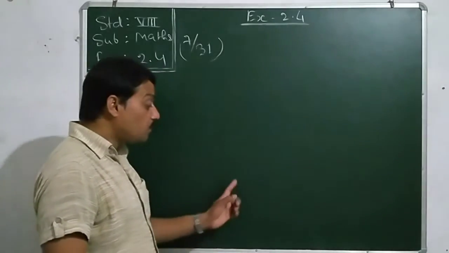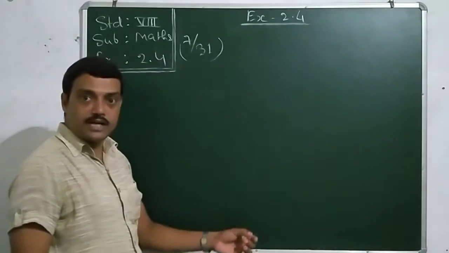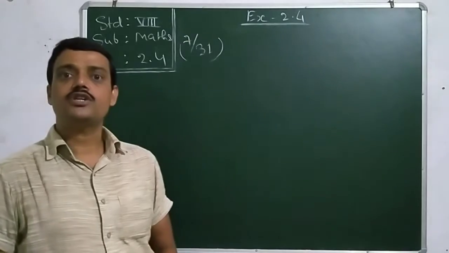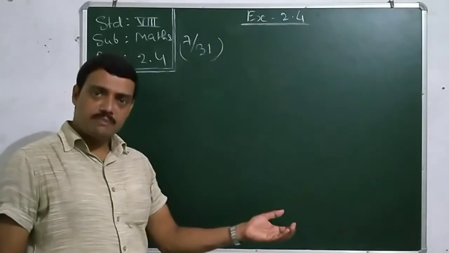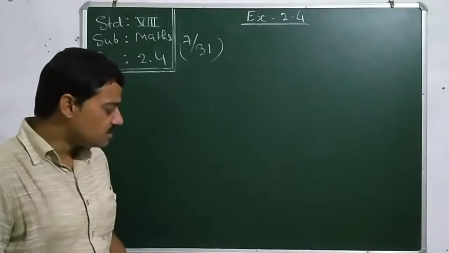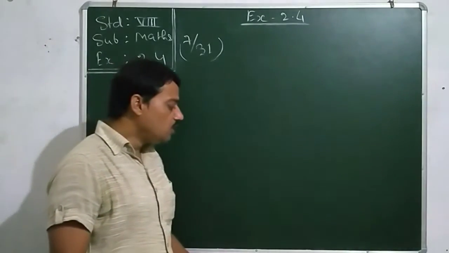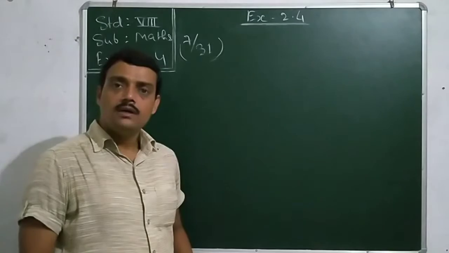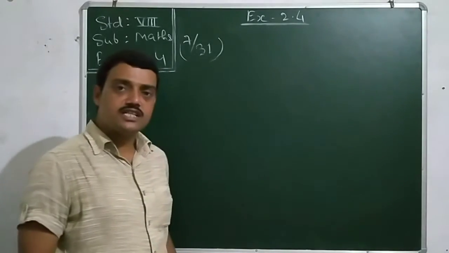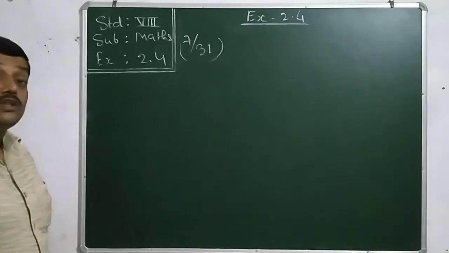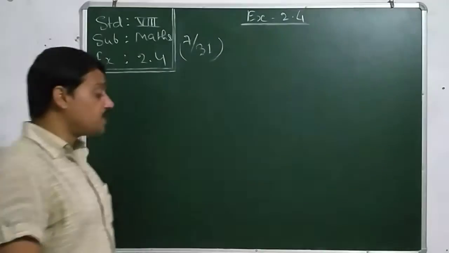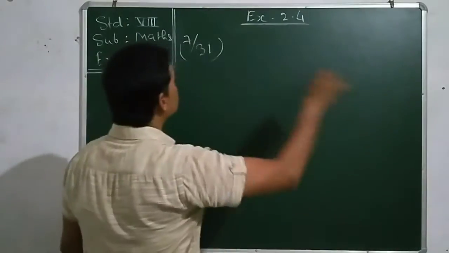A profit of 12% on shirt material and a profit of 10% on trouser materials is earned. In the sum only total selling price is given.